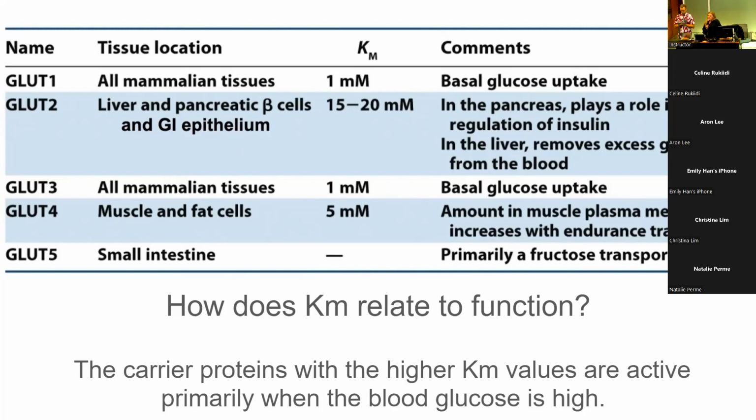At normal basal level, you have GLUT1 and GLUT3 transporters working all the time. Whenever you have higher glucose states, that's when GLUT2 will get activated, and that allows for more transport in a concentration dependent manner. Make sure you understand how KM relates to that. A higher KM means it's not going to be active unless there's a higher glucose concentration. Does that make sense to everybody?